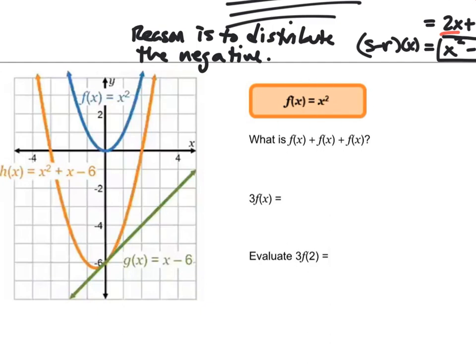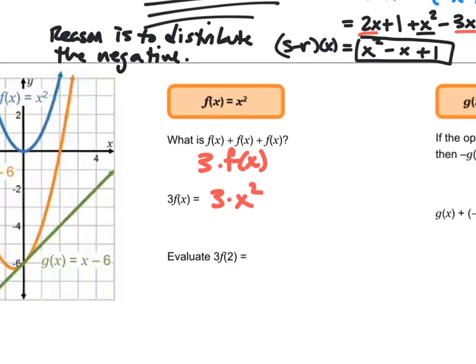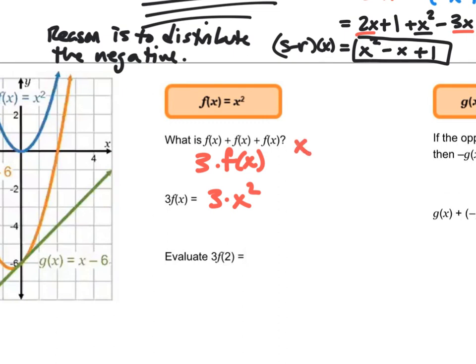And we want to know if we take that function and we add it 3 times, really that means that we're multiplying the function by 3. So this means that we're taking 3 times f of x. And so 3f of x is really just going to be 3 times x squared, because when I took f of x, that's just taking x squared plus x squared plus x squared. I have 1, 2, 3 of them. That's where that 3 comes in.